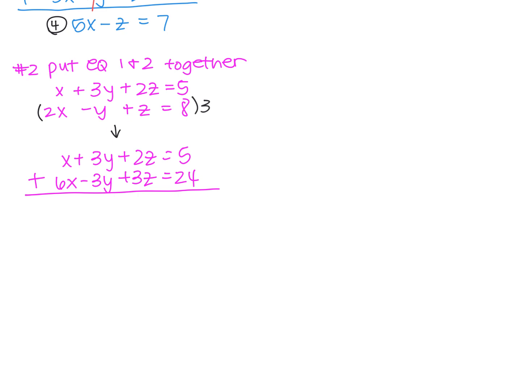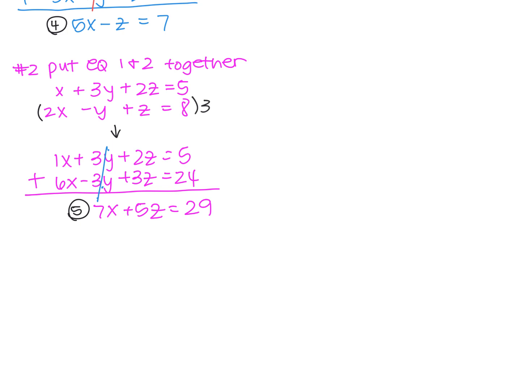Yeah, it doesn't matter the order. 7x. So the y's cancel. Good. The y's cancel. 1x plus 6x gives me 7x. And then 5z equals 29. Yep, that's going to be equation number 5.